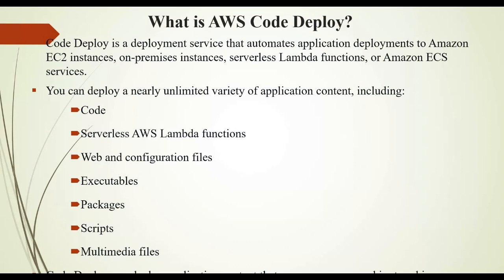You can also deploy an unlimited variety of application content, including code, serverless AWS Lambda functions, web and configuration files, executables, packages, scripts, and multimedia files. These can all be content included in AWS CodeDeploy, and CodeDeploy can deploy application content that runs on a server.